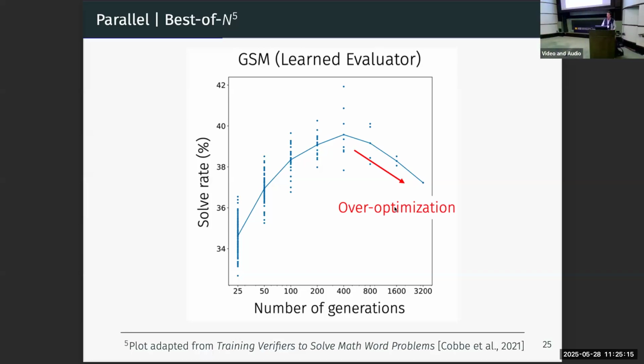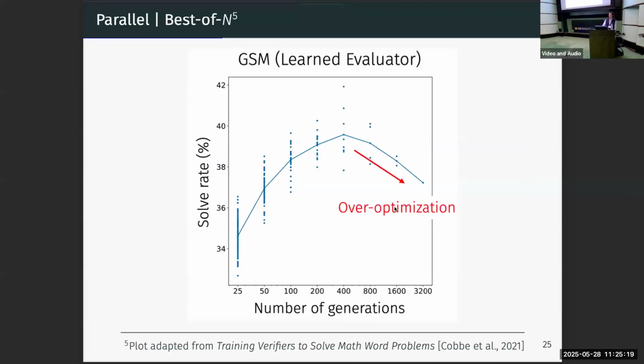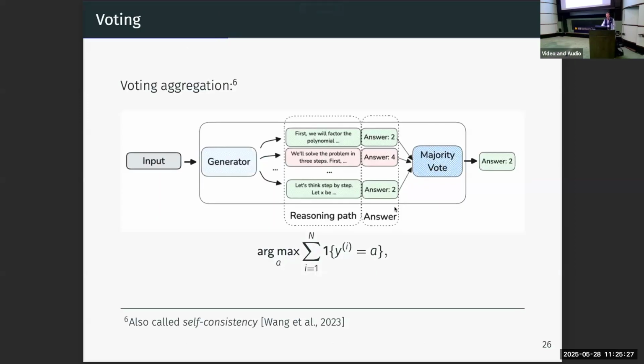Okay. So let me just go over one more of these parallel methods, and then maybe I'll jump to the second part of the talk, where I'll talk about these really recent reasoning models. So another thing you can do is what's called voting. Here, let's say we're solving a problem and it always ends in an answer.